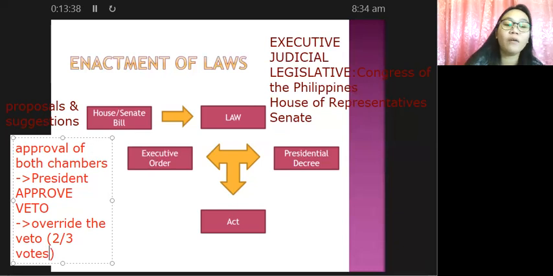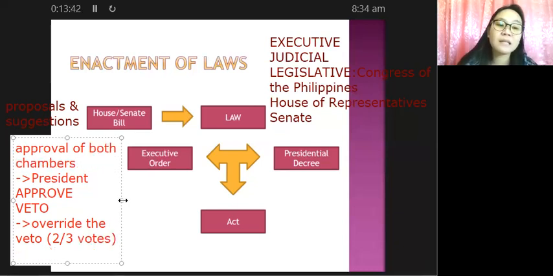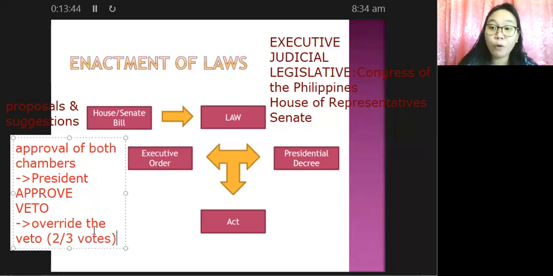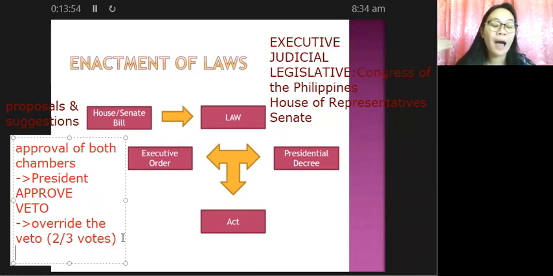This 2/3 encompasses both houses. So to override the veto, you need 2/3 votes from the two houses.